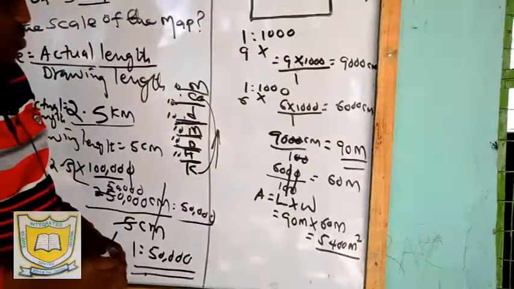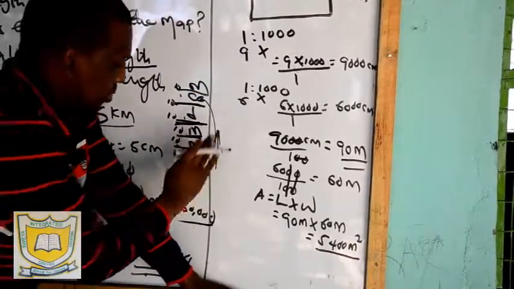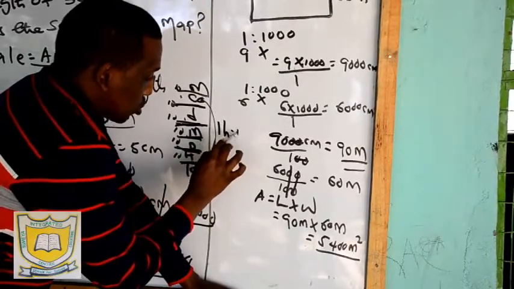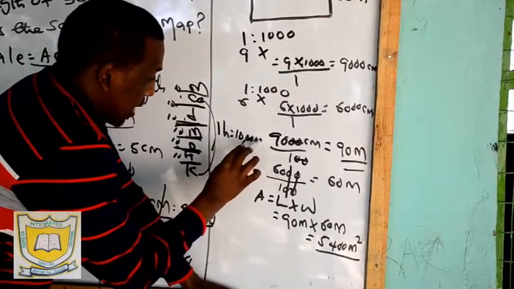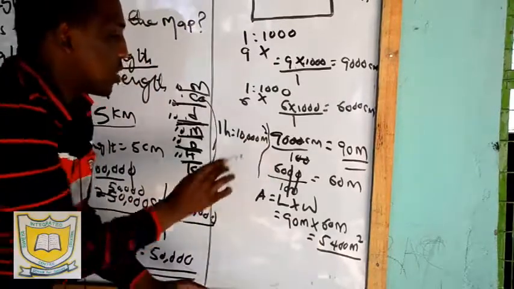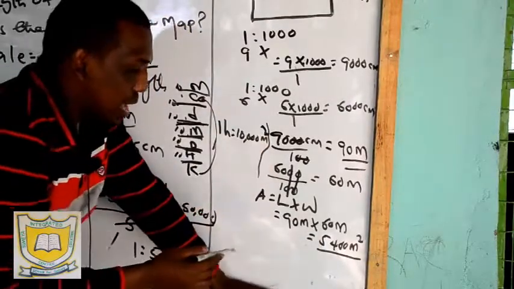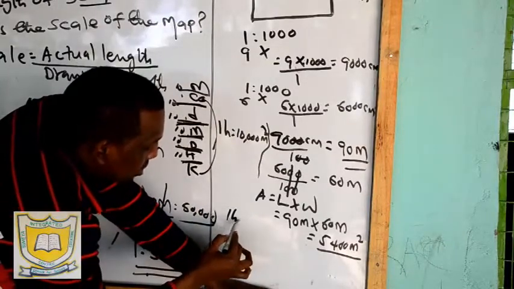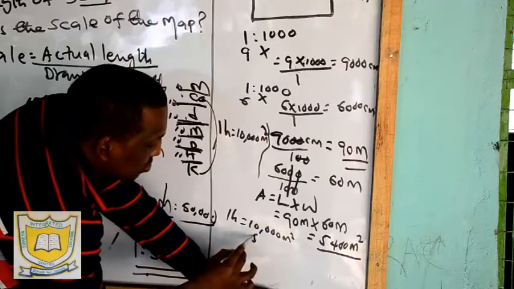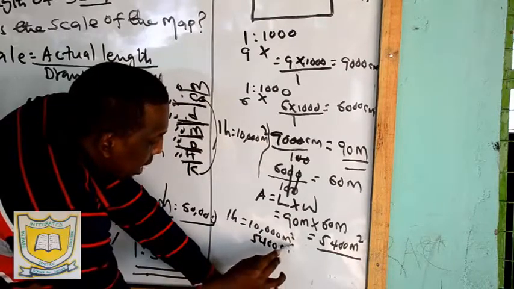Let us find it in hectares now. Remember, we said 1 hectare is equal to 10,000 meters squared. So if 1 hectare is equal to 10,000 meters squared, what about 5,400 meters squared?